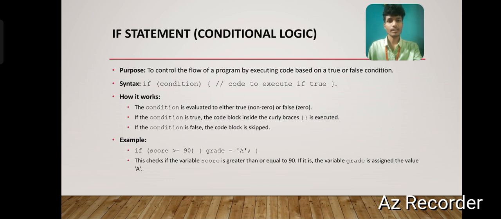If the condition is false, the code block is skipped. Example: if score is greater than or equal to 90, grade equals A. This checks if the variable score is greater than or equal to 90. If it is, the variable grade is assigned the value A.